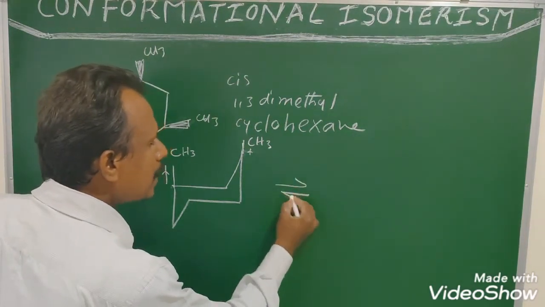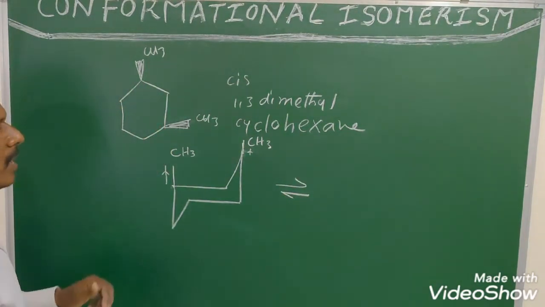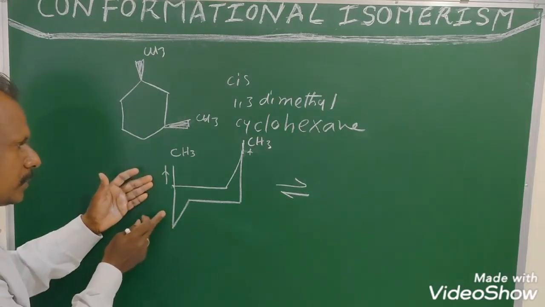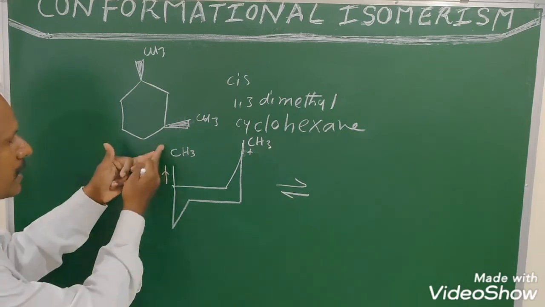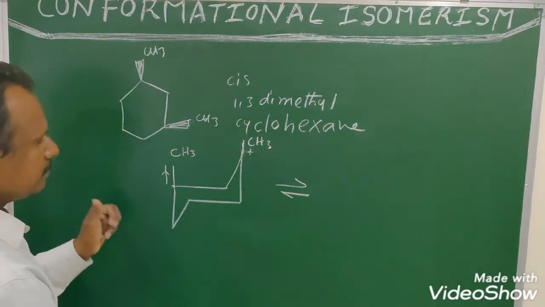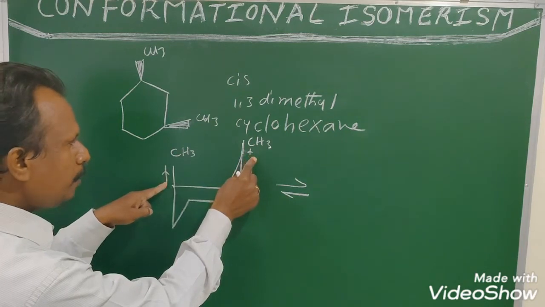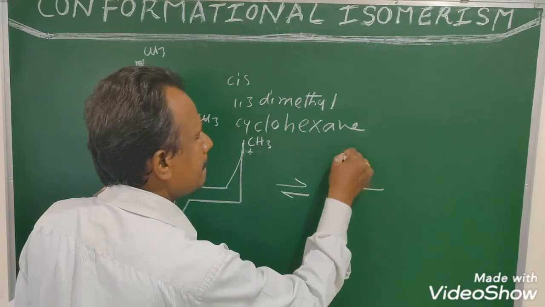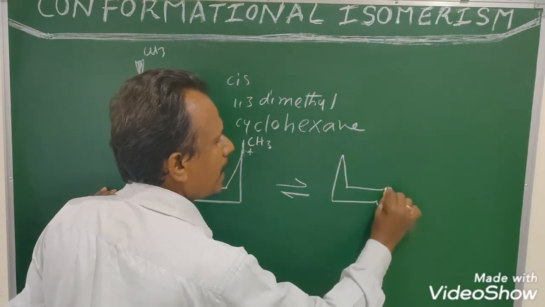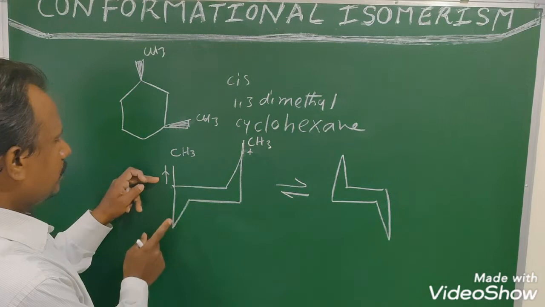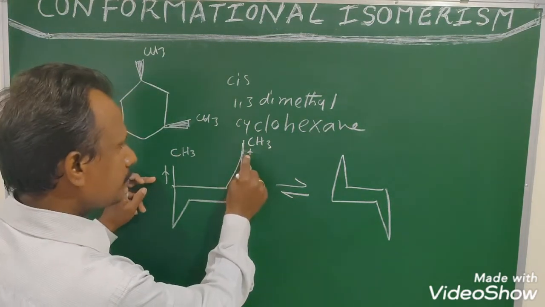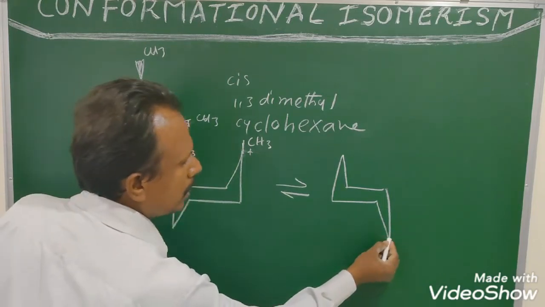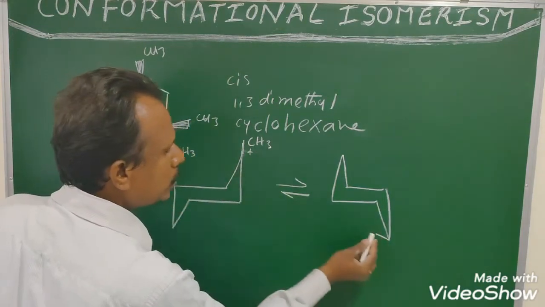Due to flipping, it is converted to another chair. The two chairs are always in an equilibrium state. Due to flipping, what happens? Footrest becomes headrest, and headrest becomes footrest. The locations of the methyl groups change. Here it is headrest, here it is footrest. Its location changes from axial to equatorial.